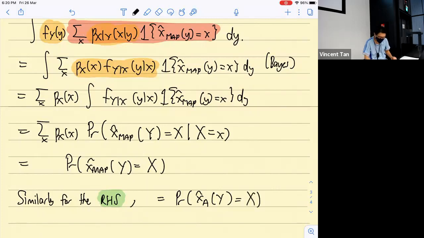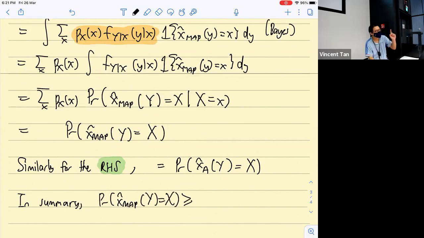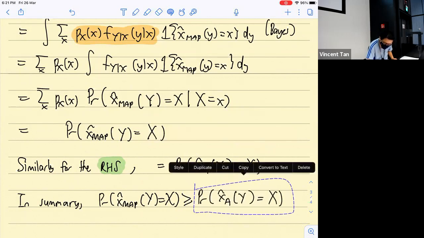So in summary, we have the probability that x_MAP of capital Y equals X. Most of the time it does better, but it does not do worse than this guy here. And this holds true for any other hypothesis or for any other decoder.